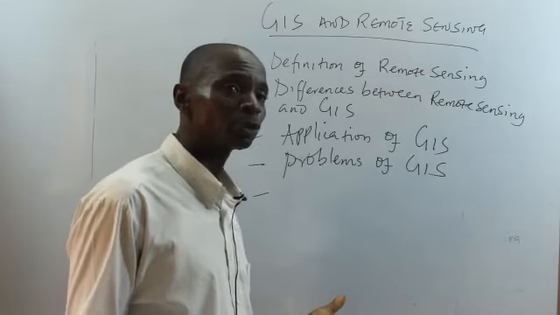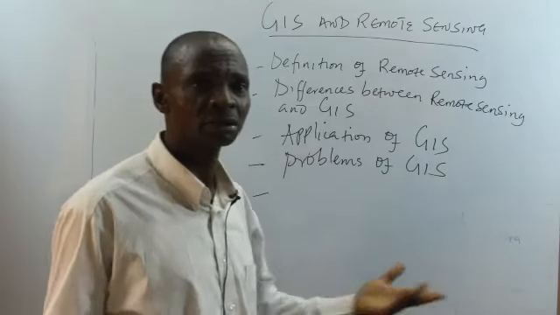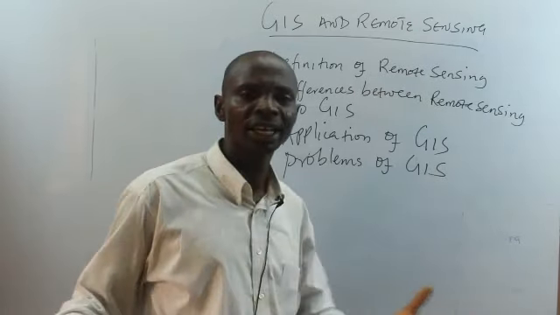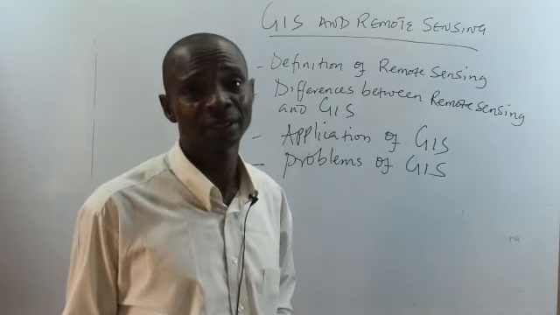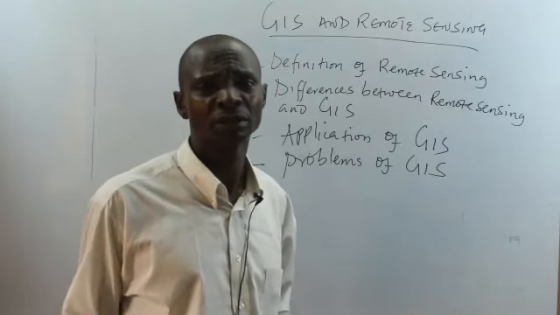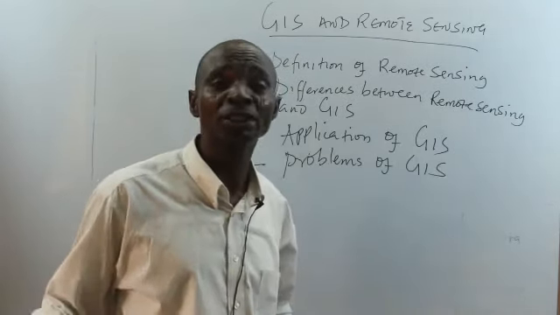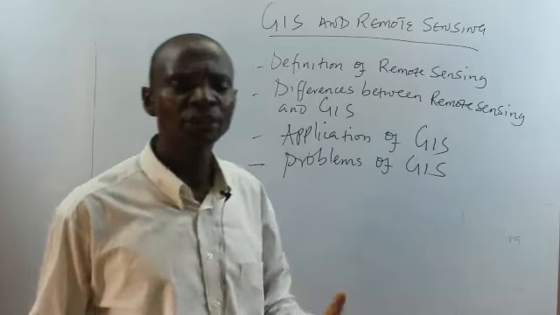Talk about transport network. Today, many countries do not send policemen to monitor traffic. Some of the traffic is monitored by robots, and somebody is somewhere controlling those robots as if they are human beings. This is the work of GIS. So it's for transport.